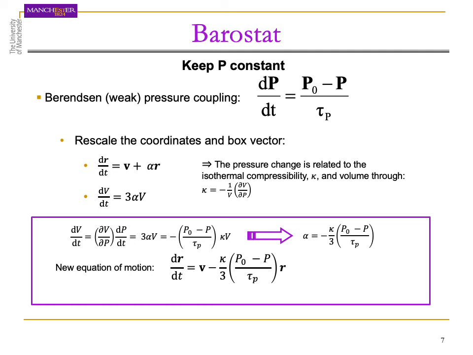Of course, this is called isothermal compressibility because this partial derivative is performed at constant temperature. So a little bit of algebra.